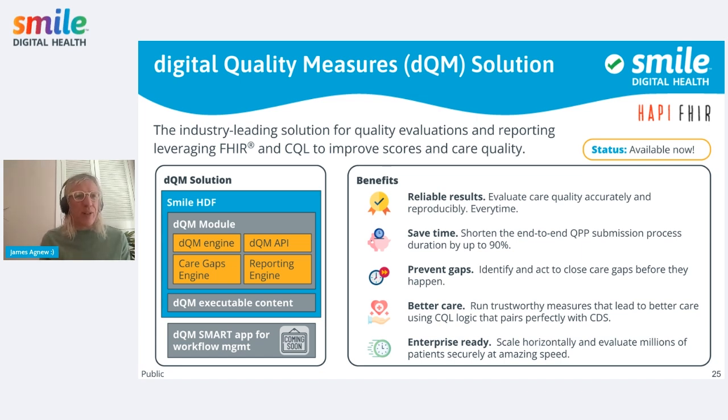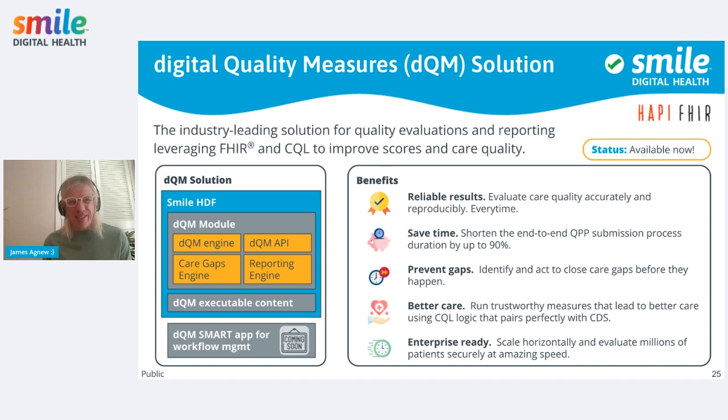This will allow you to leverage our inventory of quality measures and DQM executable content that you can use out of the box for quality payment program, and that serves family medicine, emergency medicine, oncology, and other clinical specialties.